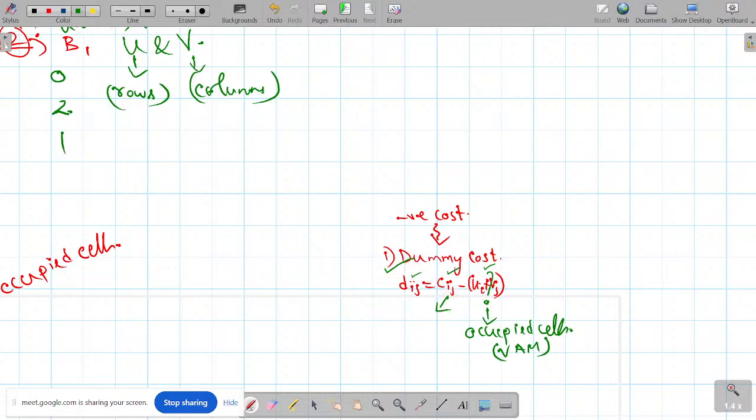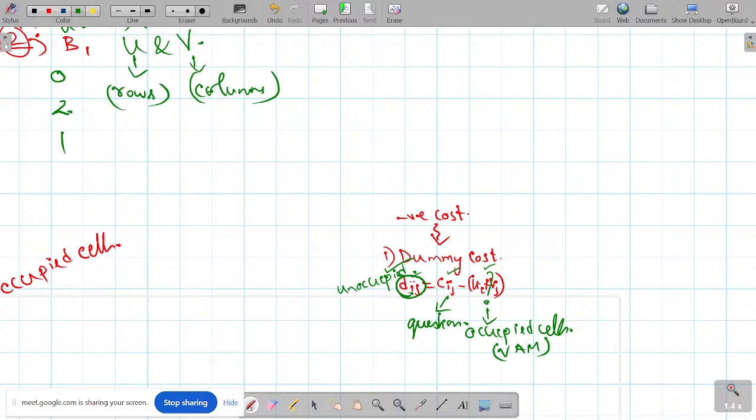And Cij is taken directly from the question, the direct cost given in the question. So from occupied cells, we find Ui and Vj, and we find this dij for unoccupied cells. I'll explain everything in detail again when I go through the problem. This is the concept I'm explaining.